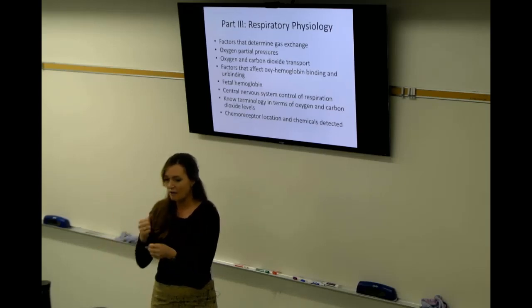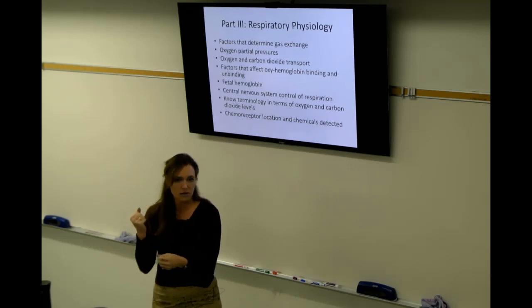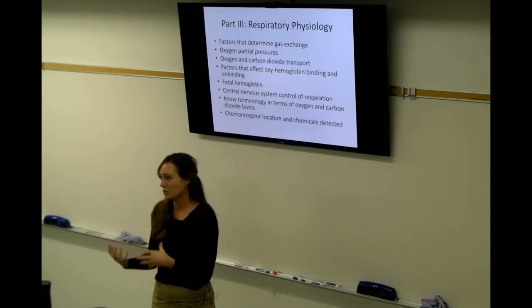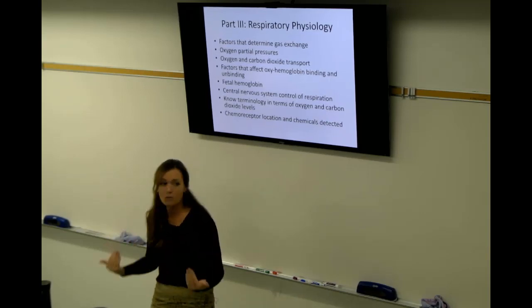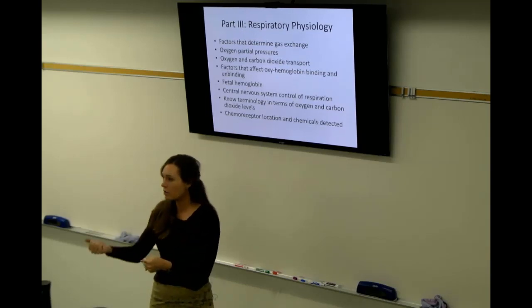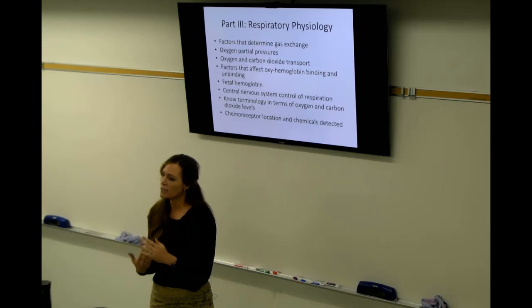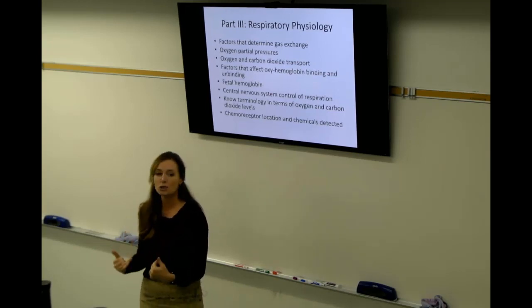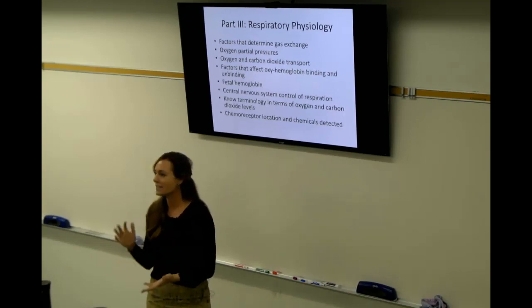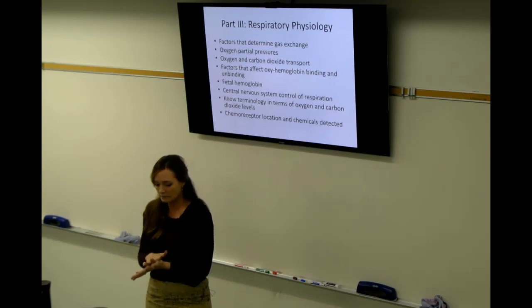That by itself helps oxygen unbind from red blood cells. If you're really exercising, you're making lactic acid, you just create even more acid. That's going to help unload even more oxygen because your cells clearly need it. So an increase in temperature and decrease in pH is going to help the unbinding. And therefore cooler temperatures and more alkaline is going to help facilitate binding.